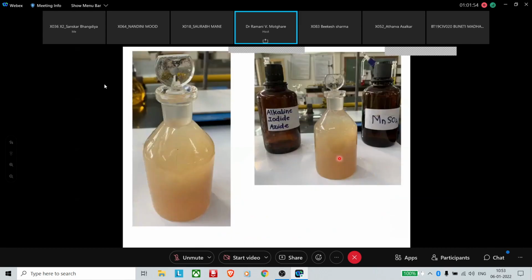Okay. Now what has happened? You took 300 ml first, you added 2 ml of this, 2 ml of this. So 4 ml was lost from the top, which contained dissolved oxygen. And these two reagents, 4 ml, went in at the bottom. So 4 ml is lost means 296 ml is the water sample volume in it. So 296 ml was the water sample from which the dissolved oxygen is now trapped in this basic manganic oxide.